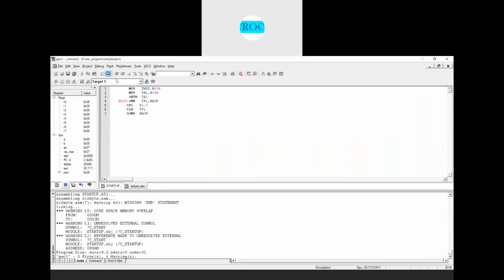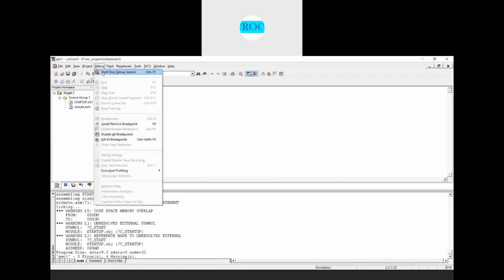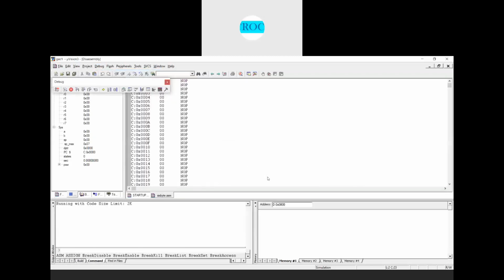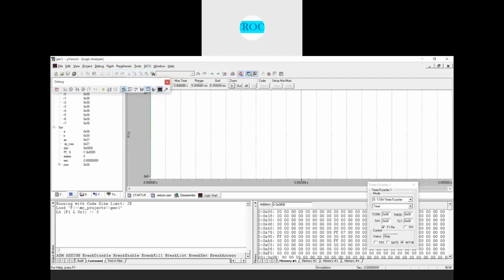We need to change this value to 00, right? Since we made the changes, save this one, rebuild the entire project and file, and run this one. Now you can see this one.